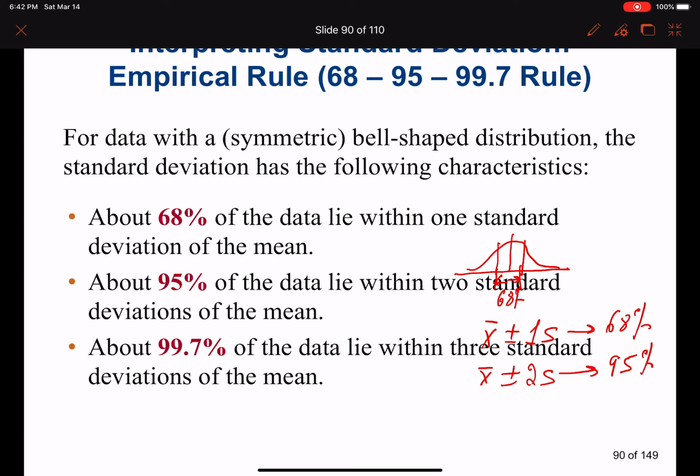And x bar plus or minus 3 standard deviations gives us 99.7%. So let's use this result on some example.